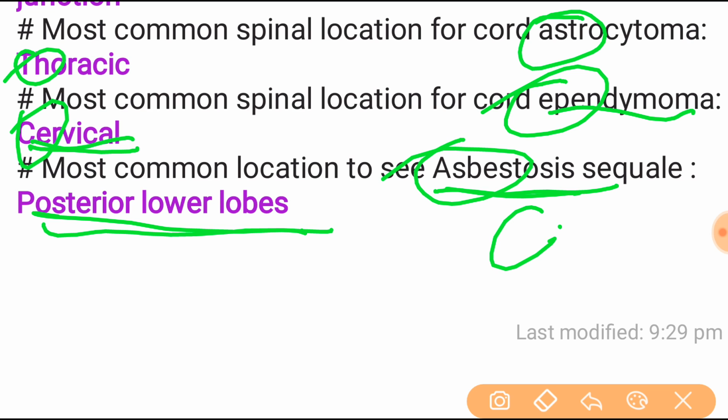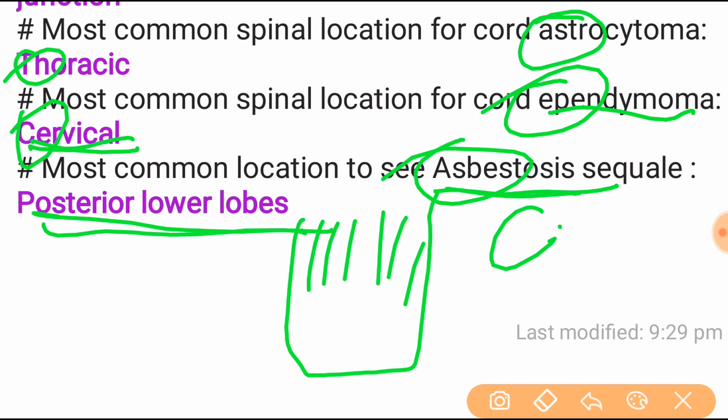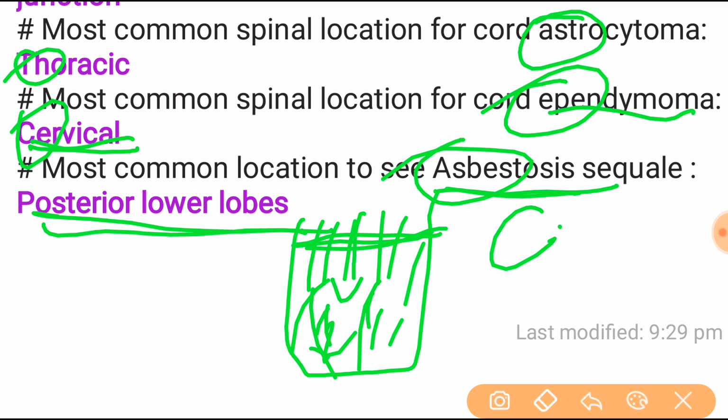If you drop a stone piece in a glass filled with water, then it will settle at the bottom due to its weight. So you may remember it, the asbestos is a weighted substance, so it will stay in the lower lobe of the lungs.